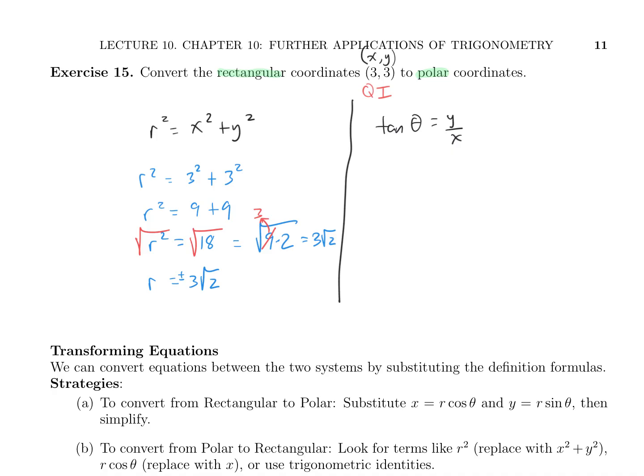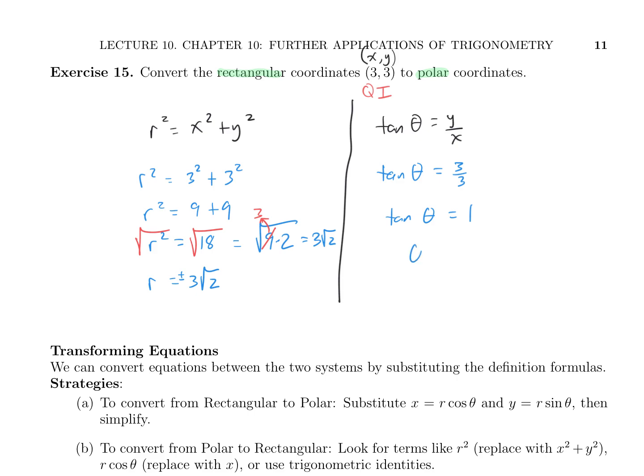Now let's find out what tangent theta is equal to. Tangent of theta is equal to 3 over 3, which is 1. If you look at your unit circle, in quadrant 1, what angle has a tangent value of 1? Well, remember, tangent is y over x, and the angle in quadrant 1 that has a tangent of 1 is pi over 4.